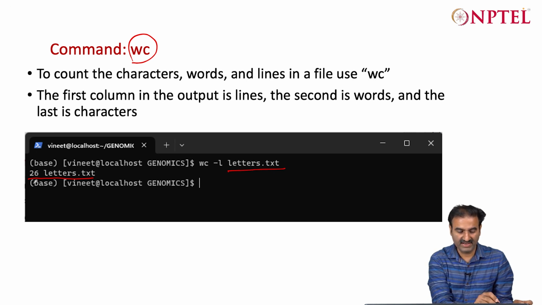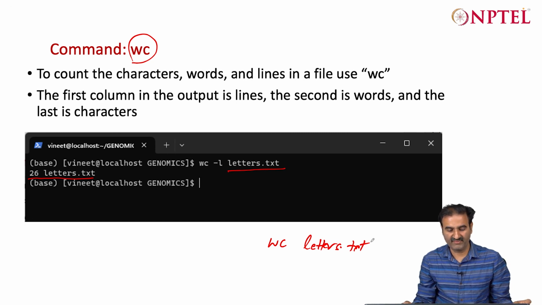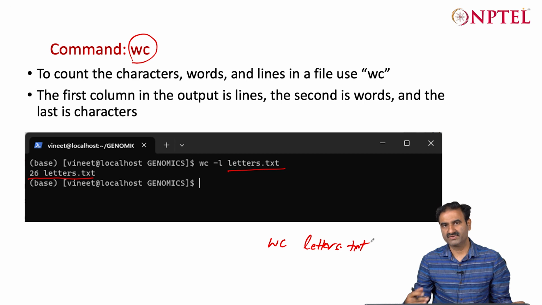That means it has 26 lines. If I had done WC letters.txt, it would have given me the characters present in this file. So this is a good command to know the number of lines and characters in a file, which is very useful sometimes to check the contents, and character count is also important.